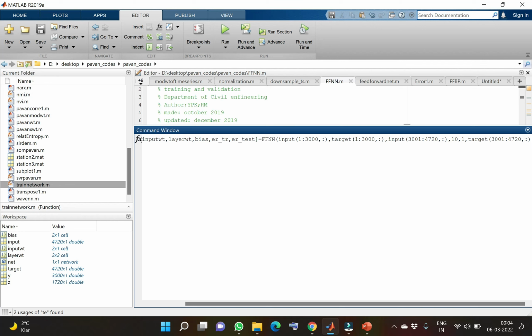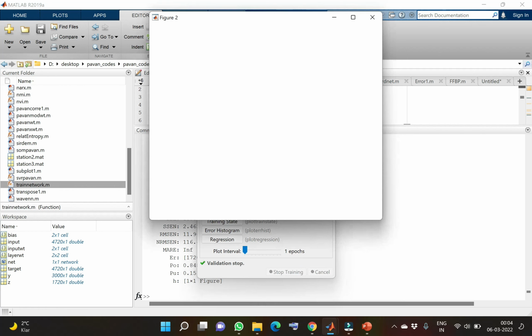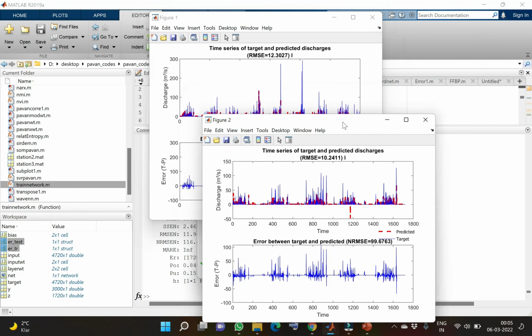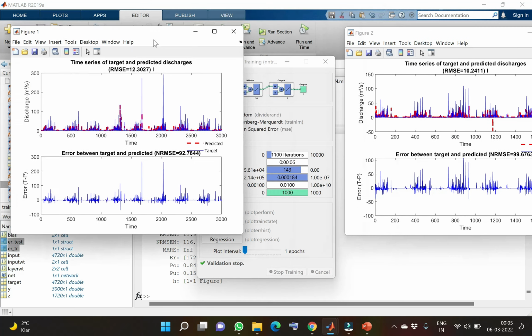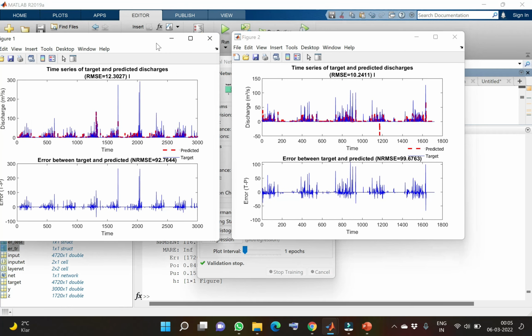So after including the error values also, if we run this model, if everything is given correctly, it should give errors of both training and testing. So when we run it, we can see it's running fine for now, and we have two figures here, one for testing and one for training.